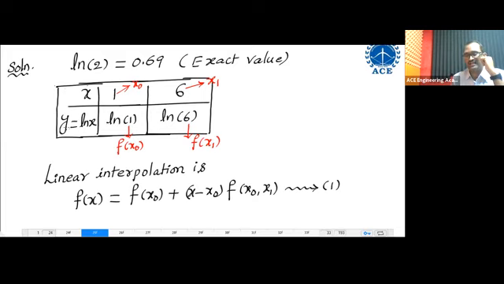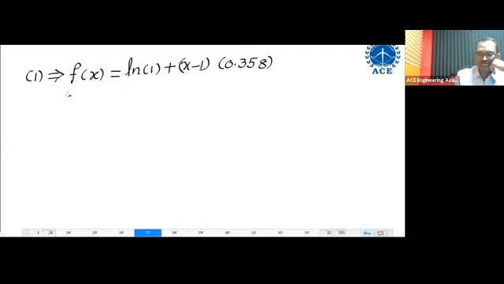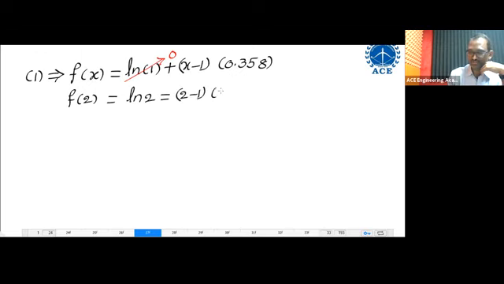To get ln 2, we need to find f of 2. So ln 2 equals ln 1, which is 0, plus 2 minus 1 into 0.358, that is 0.358.